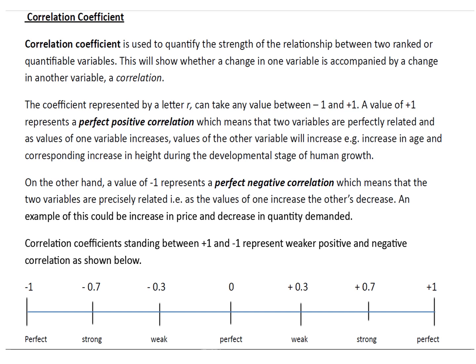Okay, so the closer it gets to 0, the weaker the positive or negative correlation. The further it goes out to -1 or to +1, the stronger the negative or positive correlation between the two variables.